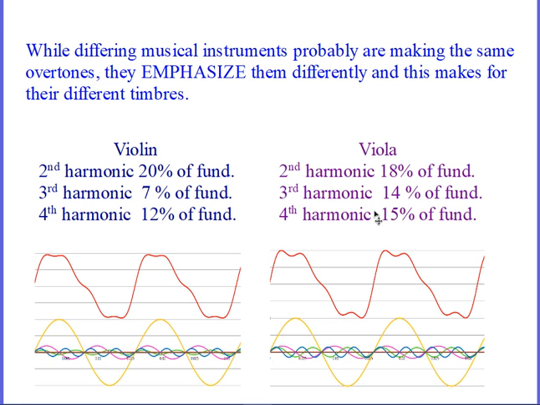And then I did these different numbers for the viola. And you can see we get very similar resultant waveforms, but subtly different. And it is those subtle differences that permit you to say, no, I know that's the same note those two instruments are making, but they're not the same instrument. And that one there is a viola. Okay, thank you.